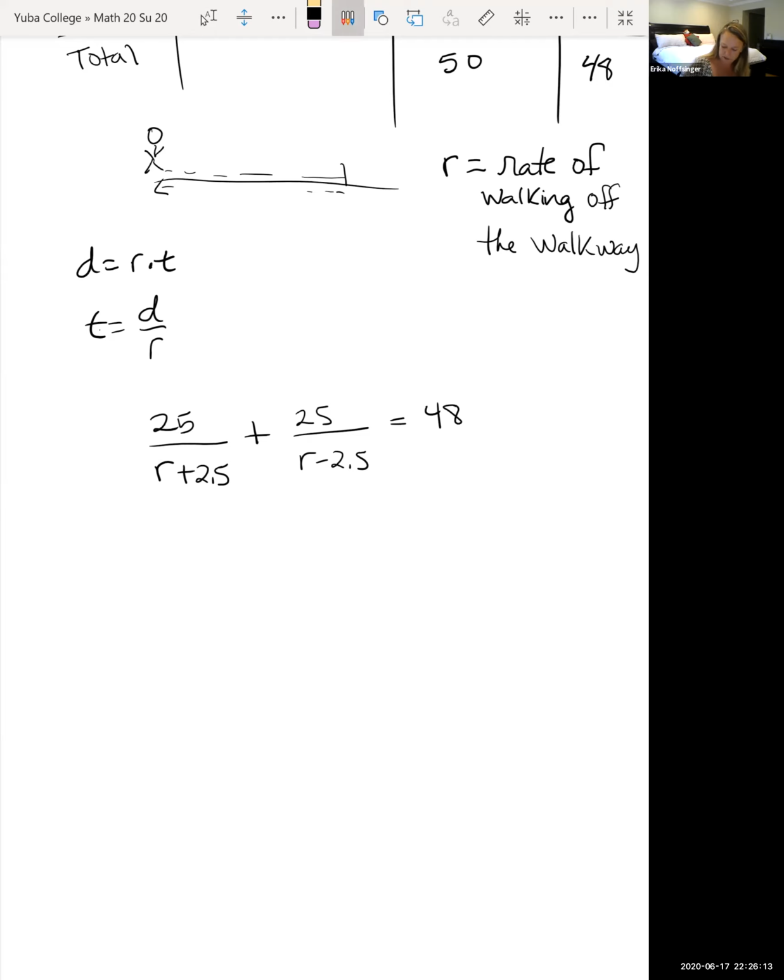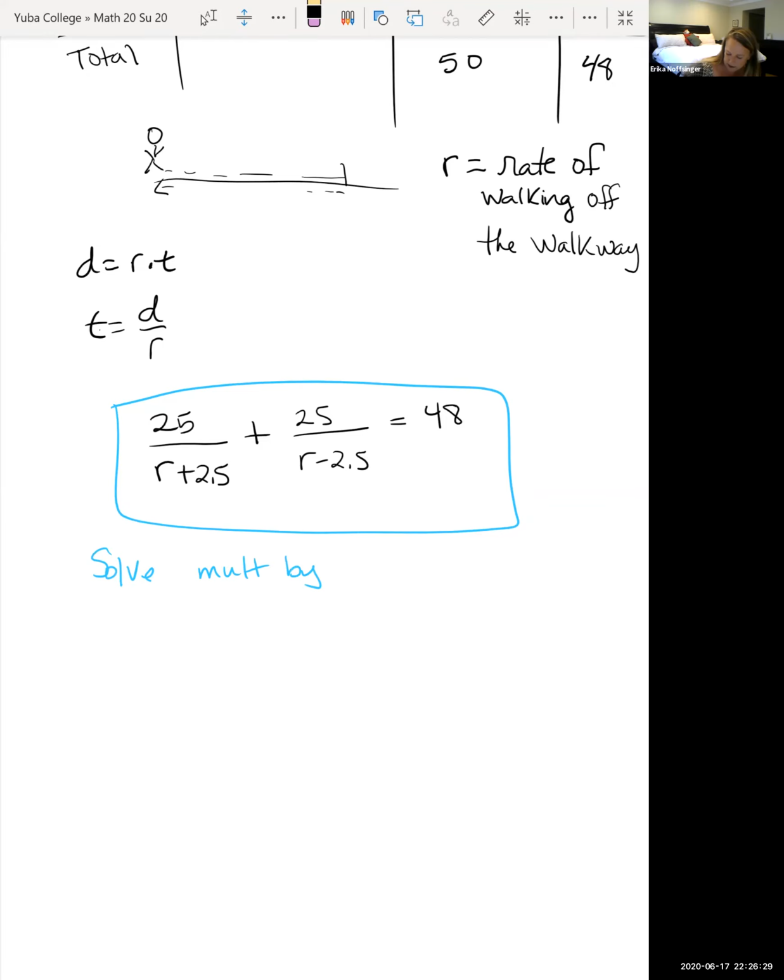To save some time, because I want to get through another one, you're going to multiply by your LCD, which is r plus 2.5 and r minus 2.5. Actually, now I don't want to do that.